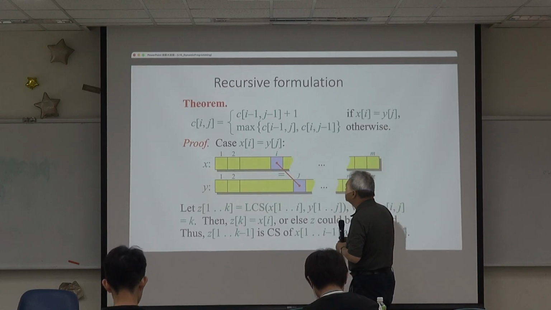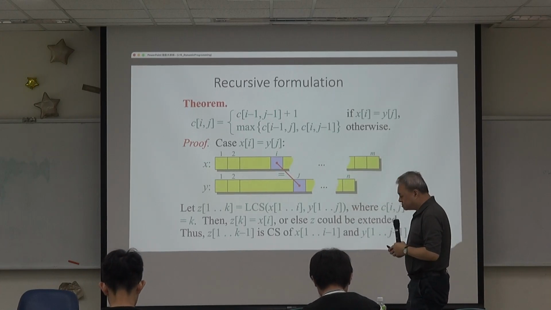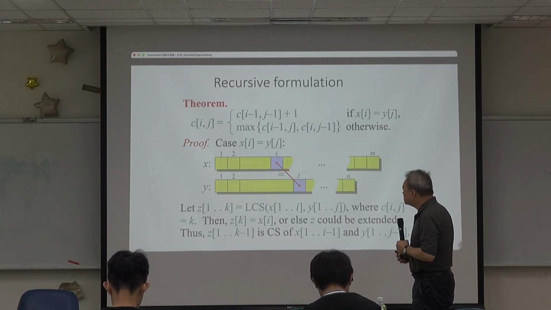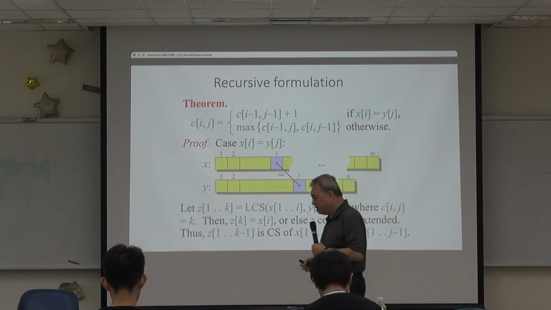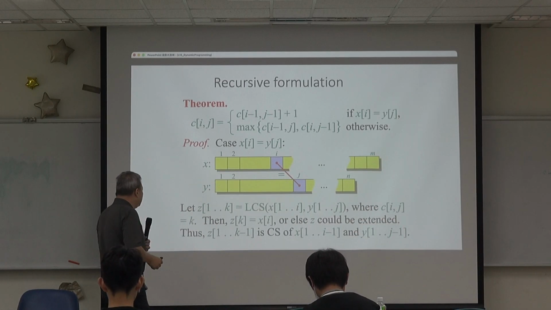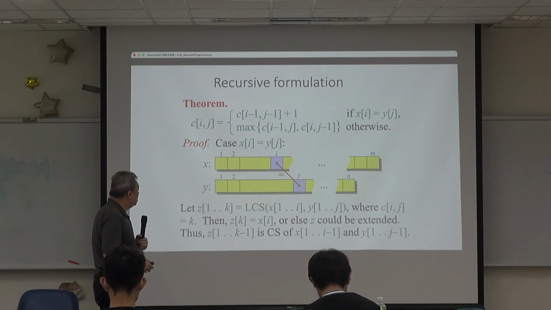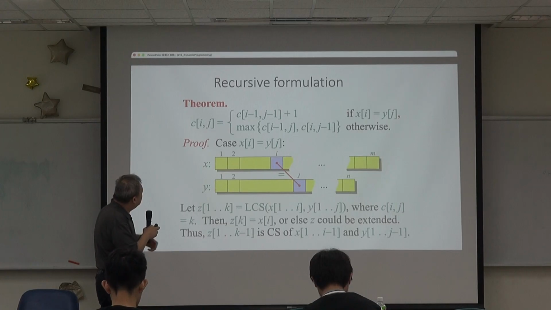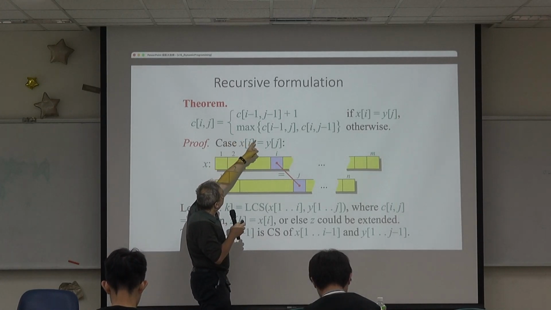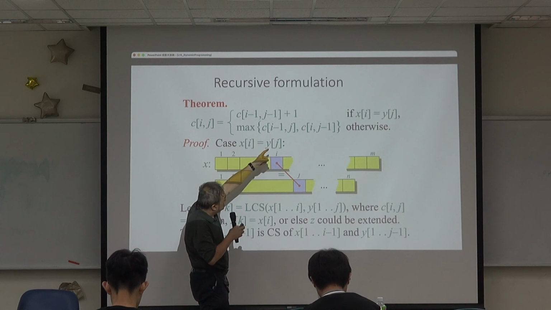So we want to prove this, a little bit formally. In the case xi equals yj, we want to prove Cij equals Ci minus 1 j minus 1 plus 1.